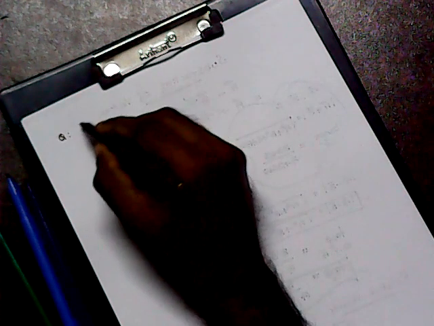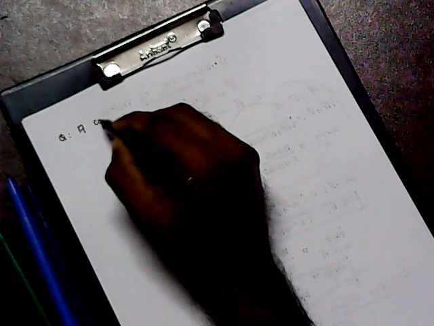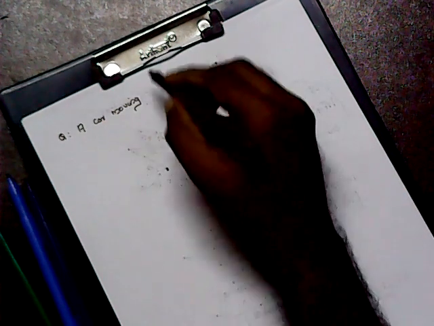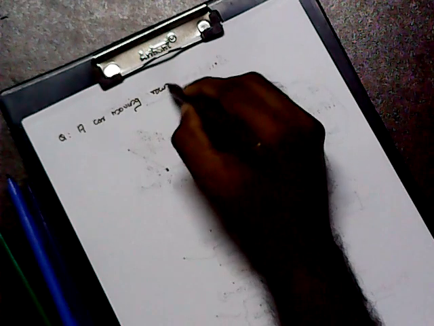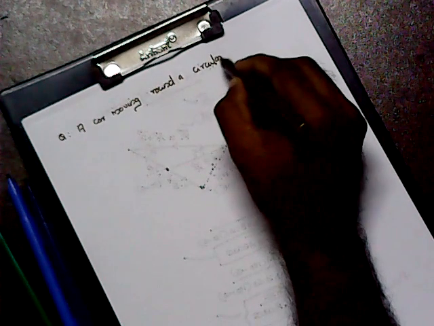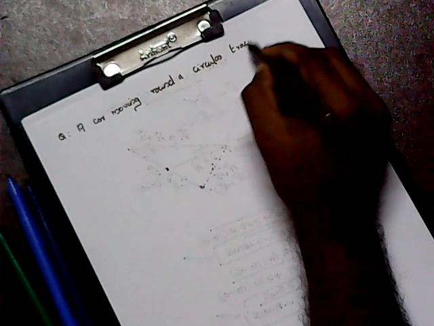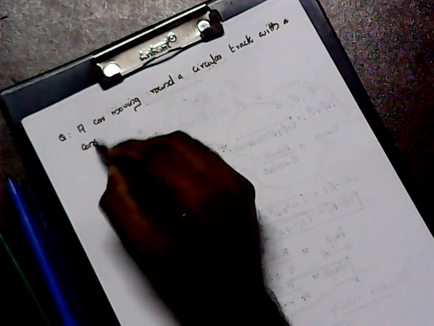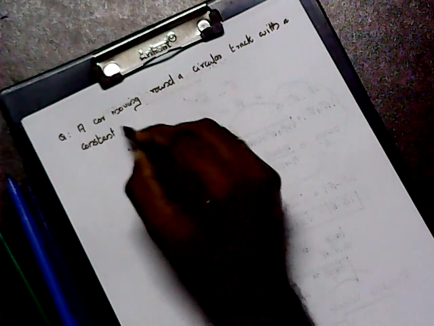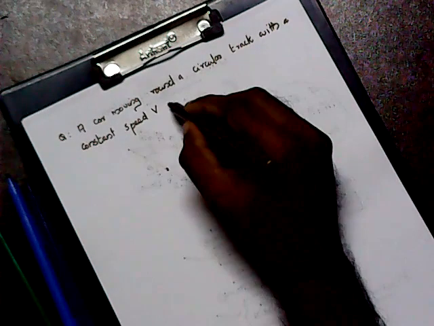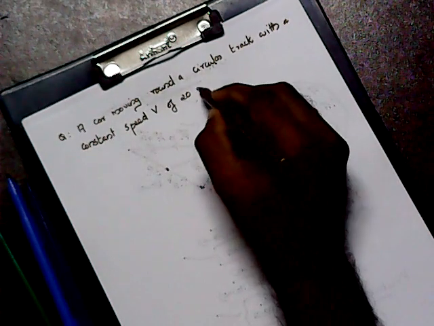A car moving around a circular track with a constant speed v of 20 meter per second.